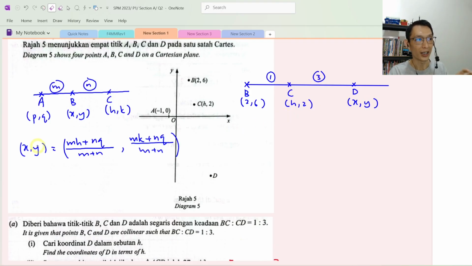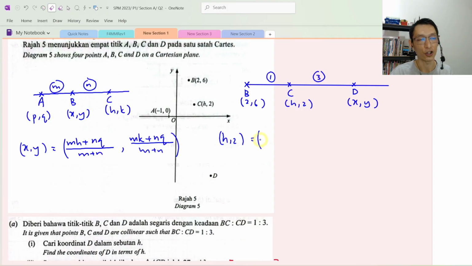You'll notice that the one I write on the left-hand side is the coordinate of the point lying between the 2 points. So I'm going to do the same thing here. Write (h, 2) on the left-hand side first, and then apply this formula.